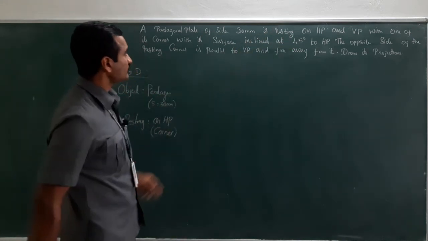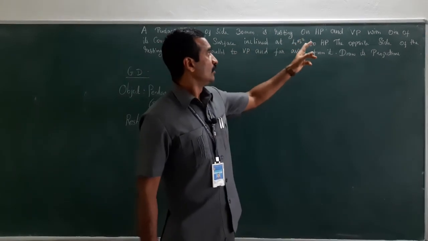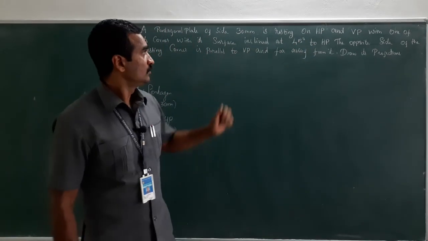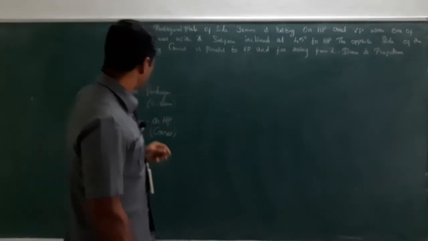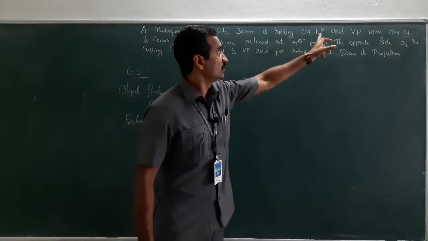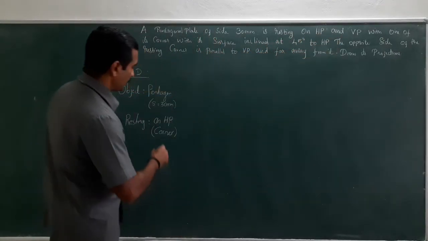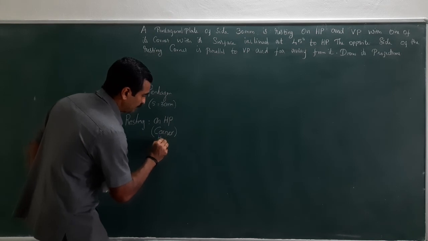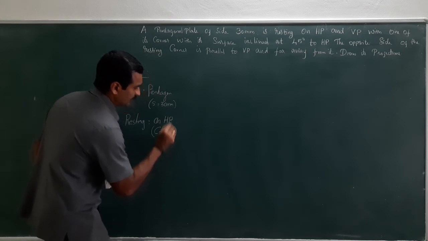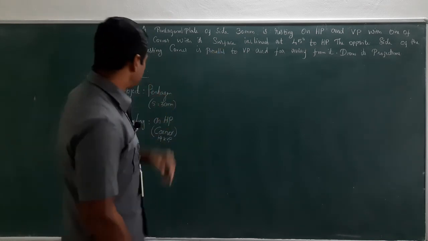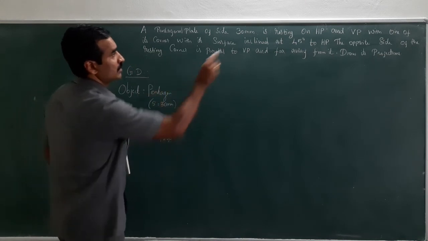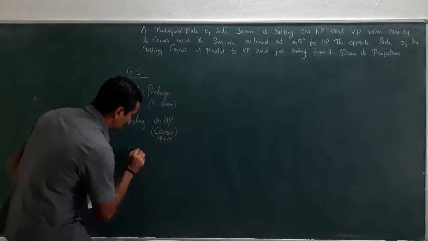Right. And the surface inclined at 45 degree to HP. So, here the corner is on both HP and VP. Right. Corner on both HP and VP. So, mention it. And the surface inclination is 45 degree to HP.